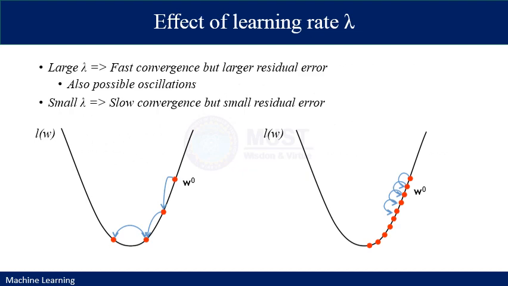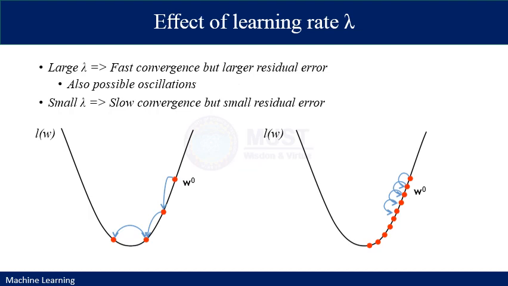But there is one issue which we discussed in the previous slide. It is about the learning rate, and the learning rate affects the convergence and the errors. For example, if you set a significantly larger learning rate, there is a greater probability that the convergence of the algorithm is faster, but the error on each epoch will be higher, and there will also be possible oscillation.